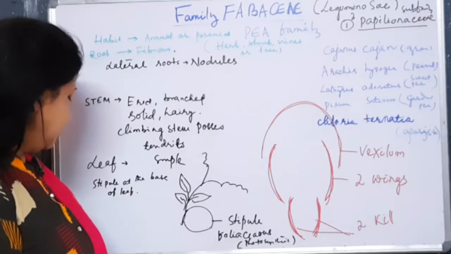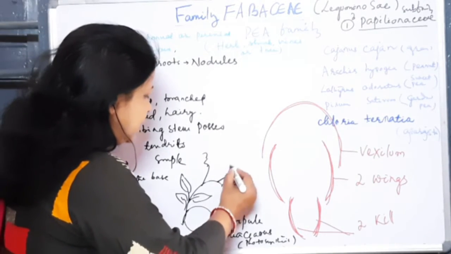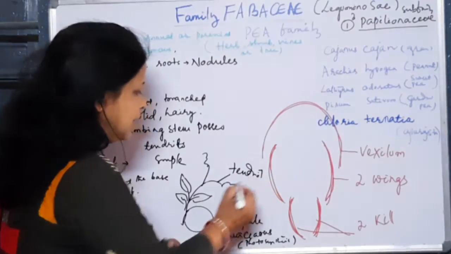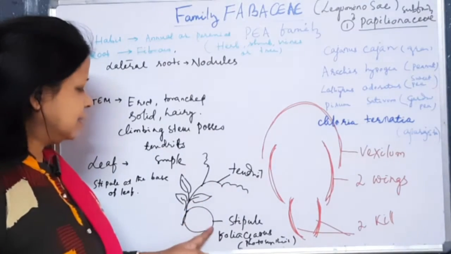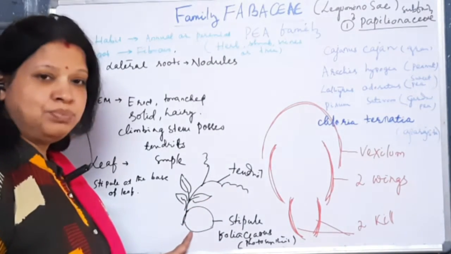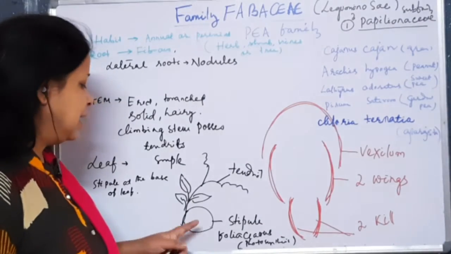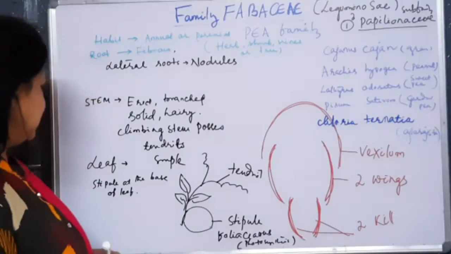This is called a tendril, which is the modified leaflets, and this is a foliaceous stipule. Stipule present at the base of the leaf also helps in photosynthesis.